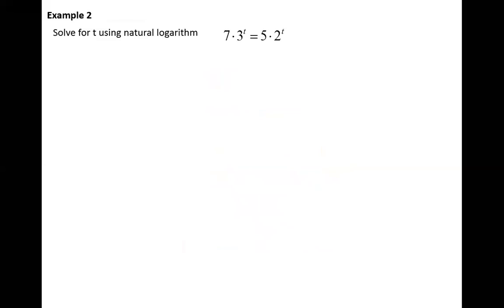Okay. This is, again, an exponential equation: 7 times 3 to the power of t equals 5 times 2 to the power of t. And we have t in both places. We have to combine them together and also take t out of the exponent.